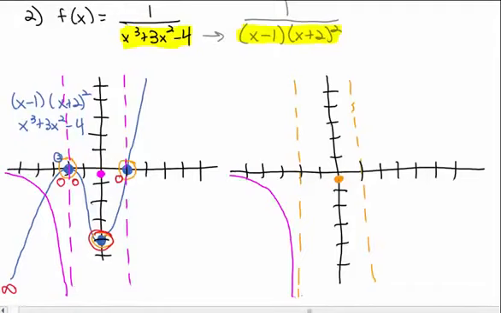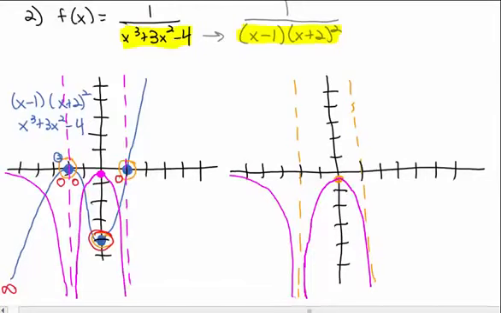Again, all below the x-axis. So infinity, let me change colors. Infinity up to the key point, and then back down to infinity. Negative. Seeing it on top of the graph, the 0 becomes a negative infinity, up to the key point, and back down the opposite direction.